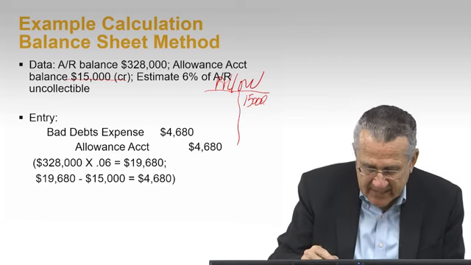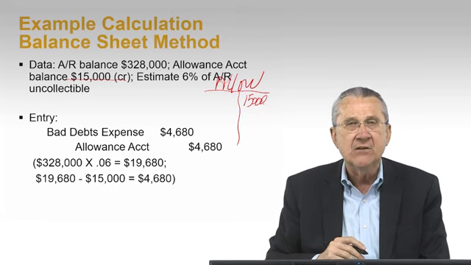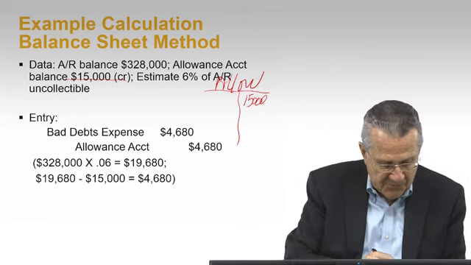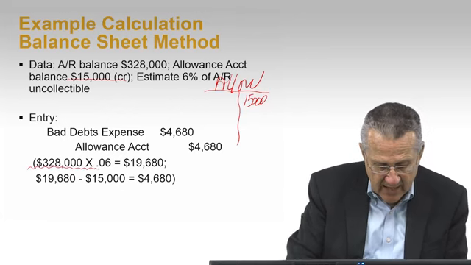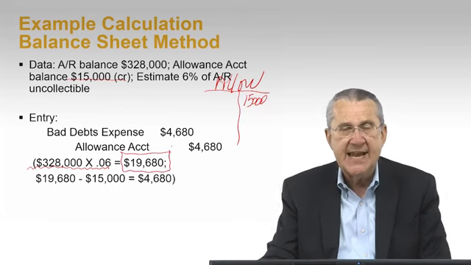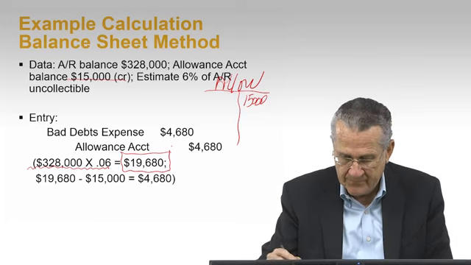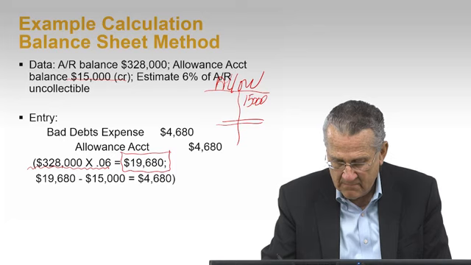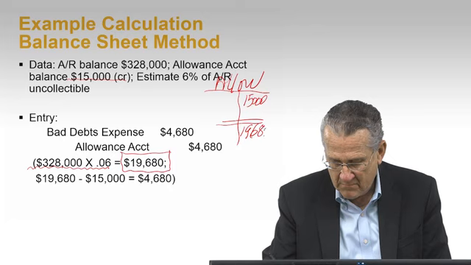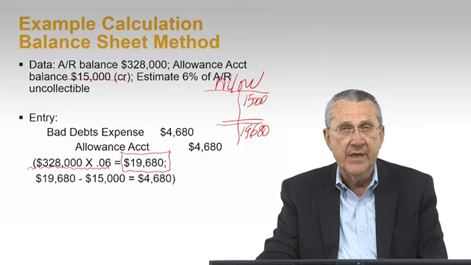If our estimate tells us that 6% of accounts receivable will not be collectible, then 6% of $328,000 tells us that the desired balance in the allowance account will be $19,680. That's what we want to finish the year with.